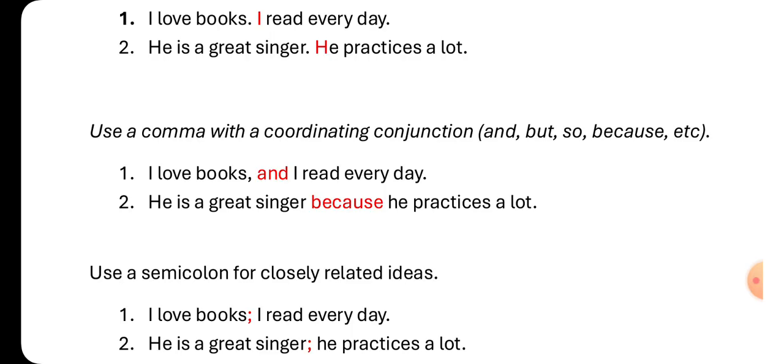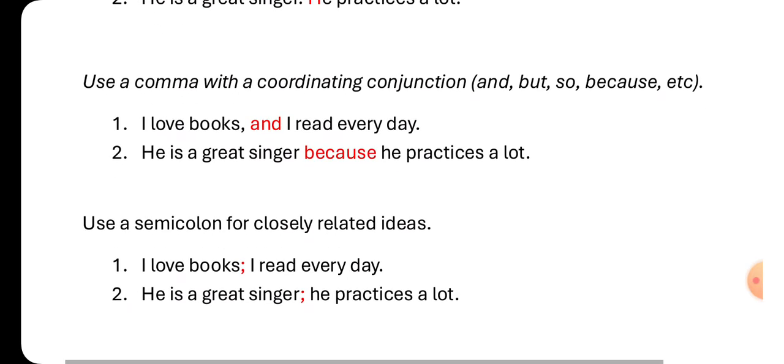So you see, I introduce "and" in between the two independent clauses to join them together to make meaning. Two, "He is a great singer because he practices a lot." The word because is a conjunction. I introduce it to make the sentence complete.